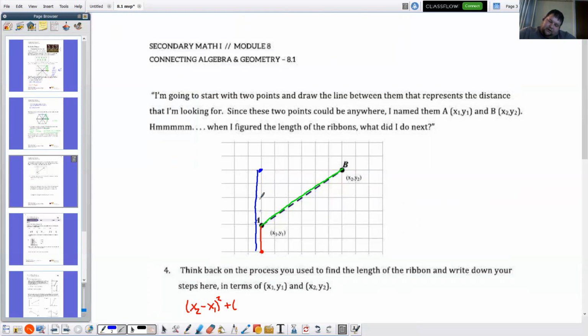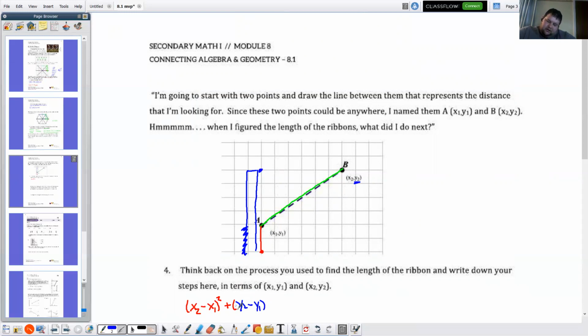So we go up this many to get to where our b y is. So the difference again here is going to be 1, 2, 3, 4. So from 0, I'm going to take away my y2, and I'm going to take away my y1 value. So what I'm doing is I'm using this whole measurement here, and I'm taking away this part of it right there.